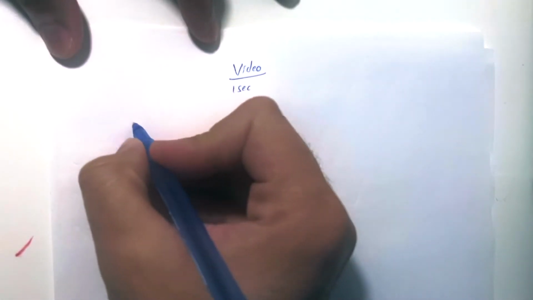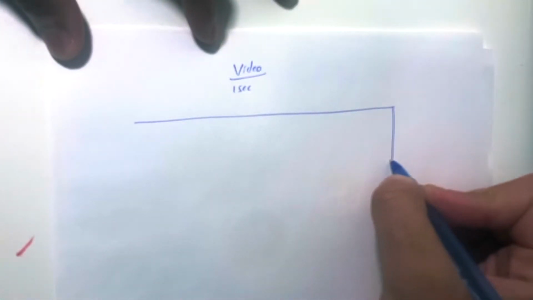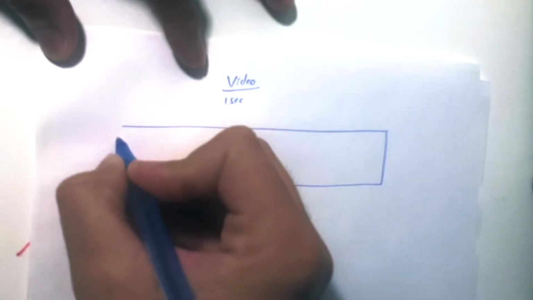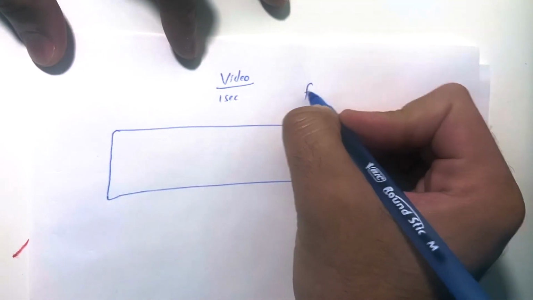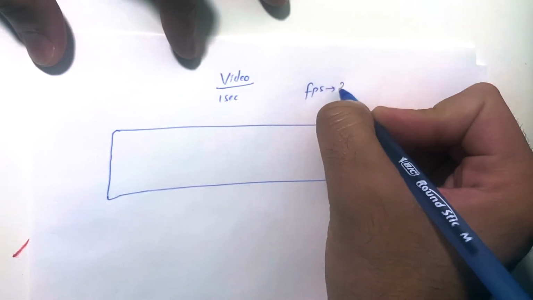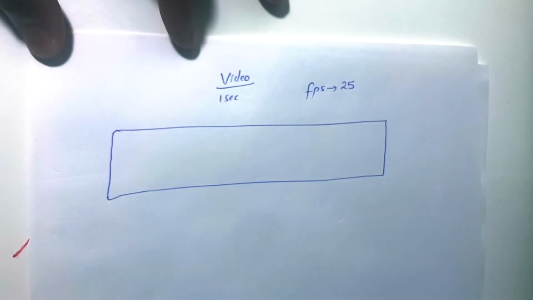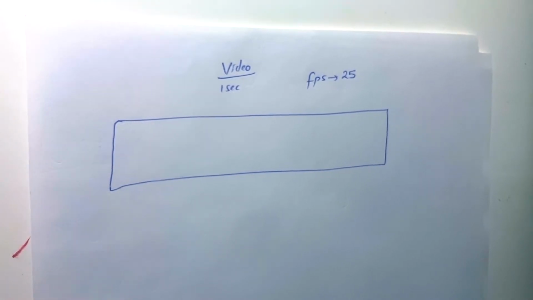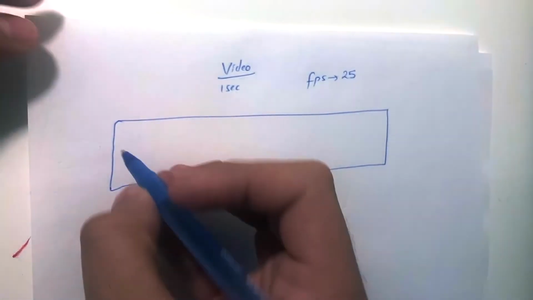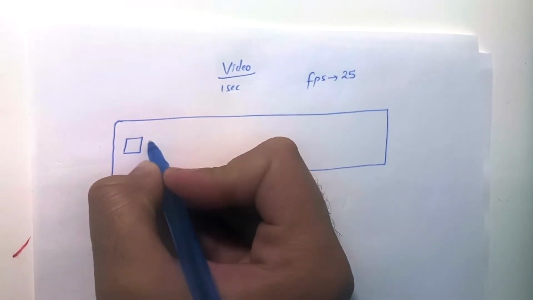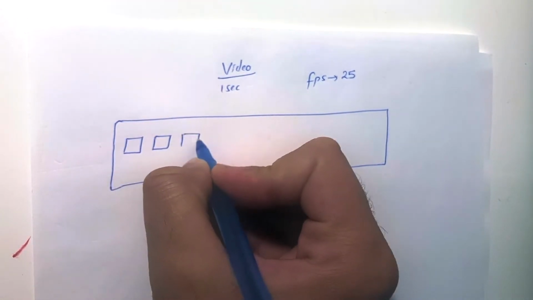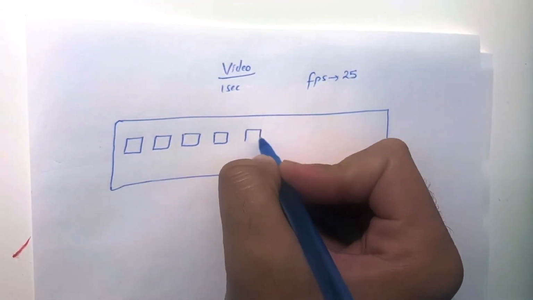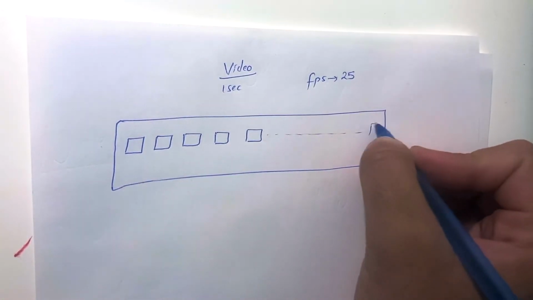So in the video, this is your video duration of 1 second, and assume that our frame rate, FPS, is, for example, 25. So 25 frames per second. And as you know, frames per second mean pictures and audio. So we have 25 frames. Let's say this is frame 1, 2, 3, 4, 5, etc., up till 25.